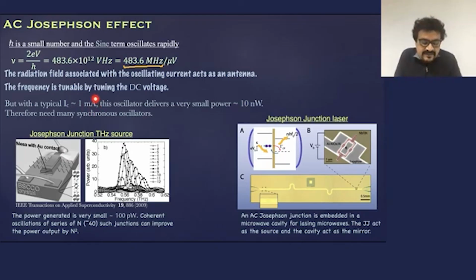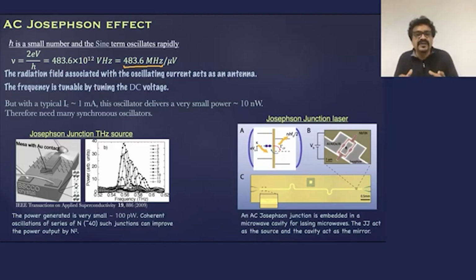So the maximum current is something of the order of a few microampere, okay. And the power delivered by this is actually in nanowatts, okay. So it's a very, very low power that you are going to get out of this single junction.